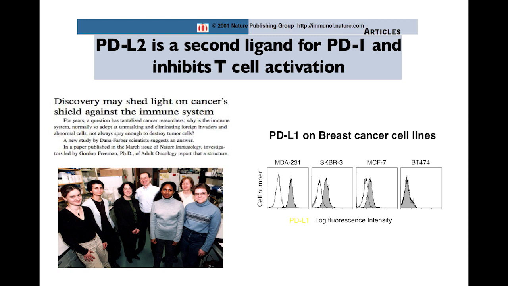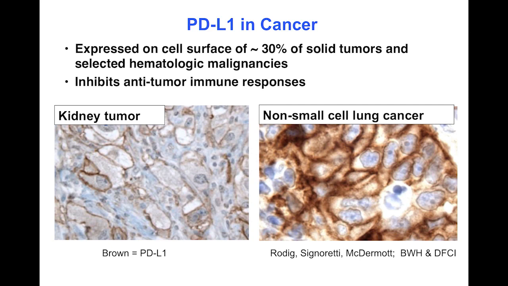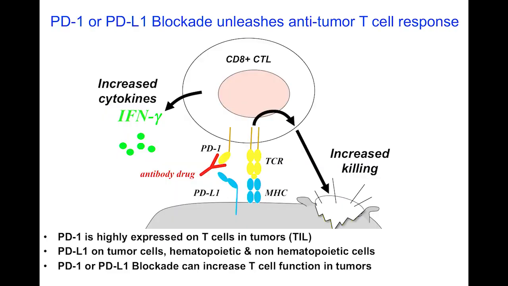And there was an article in the Dana-Farber Cancer Newsletter, which also seems prophetic at this point, that described PD-L1 as cancer's shield against the immune system. And we now know that PD-L1 can be expressed on the surface of about 30% of solid tumors and certain hematologic malignancies, and that PD-L1 on tumor cells themselves can contribute to inhibiting anti-tumor immunity.